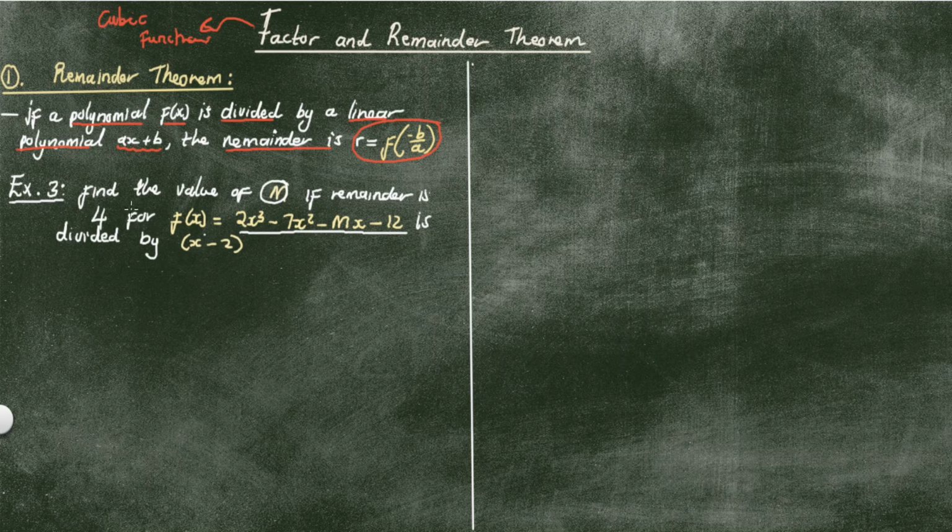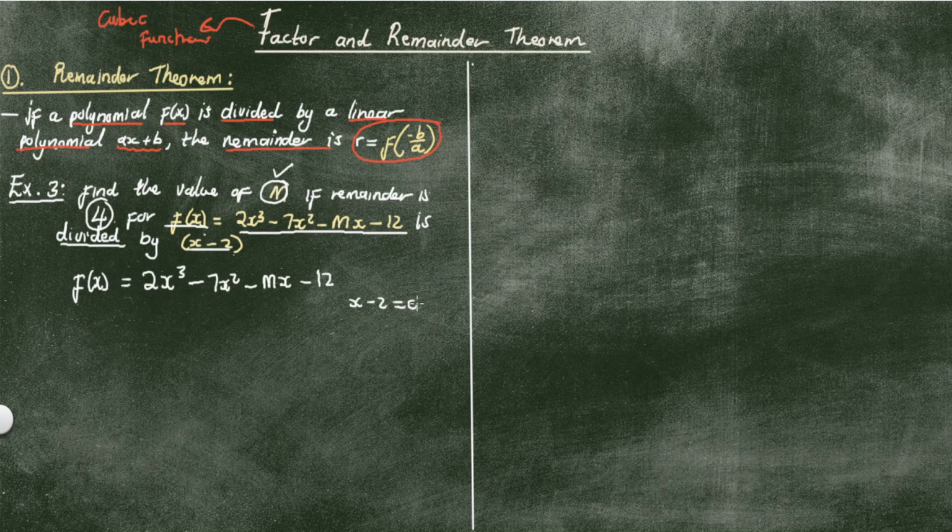Find the value of m if the remainder is 4 for this f of x divided by x minus what? 2. This is f of x, 2x cubed minus 7x squared minus mx minus what? 12 is divided by what? By x minus what? 2.